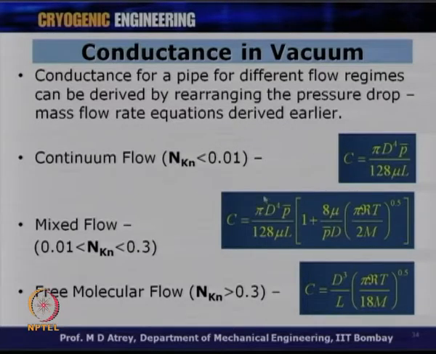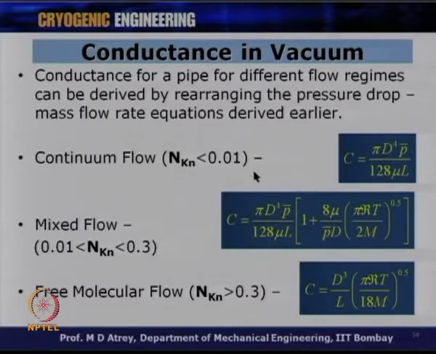All these equations help us to calculate conductance of pipe, which ultimately would help us to calculate what the pressure drop will be if I have this vacuum pump over there, or how much time it will take for me to reach lower and lower vacuum levels for a given pump when I connect the vacuum pump to a given space through such pipes.